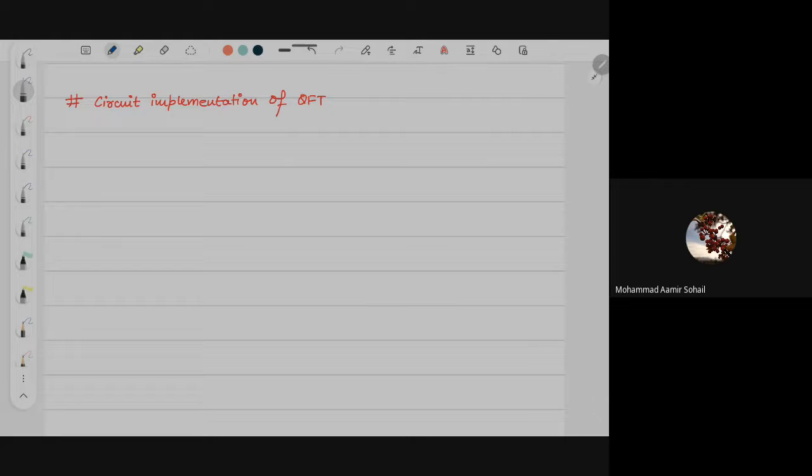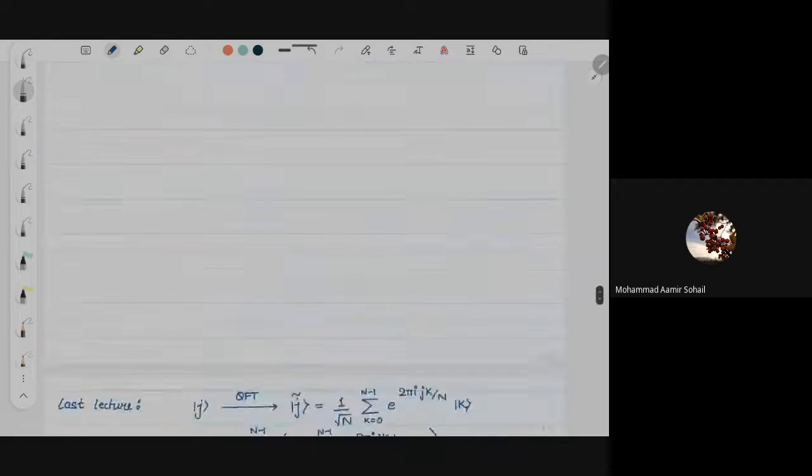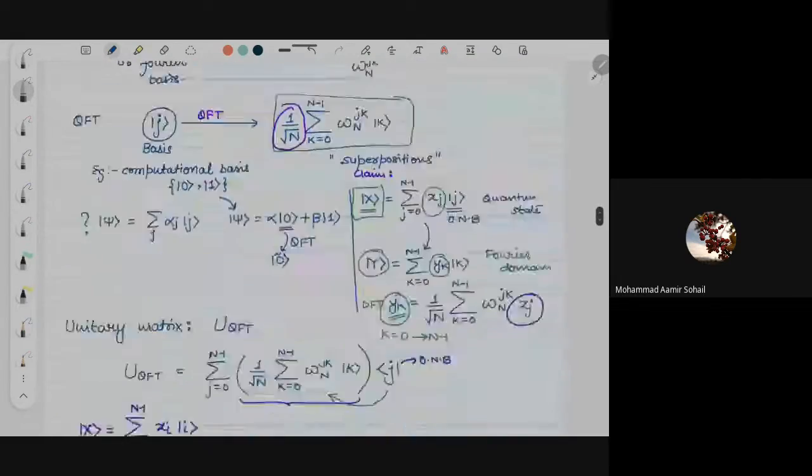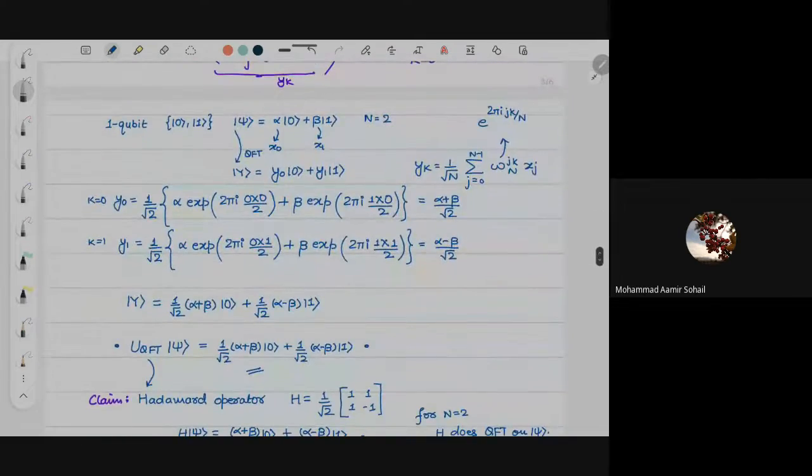So for the QFT, we need basically two gates. The first will be the Hadamard gate. And the intuition of using this Hadamard gate, we can easily understand from the last lecture, for this one qubit case.